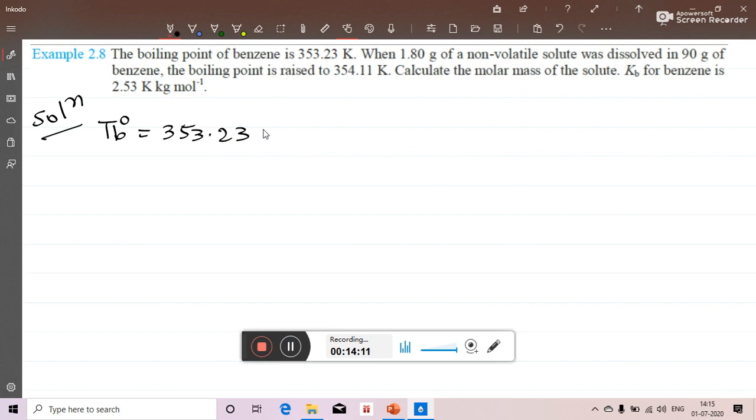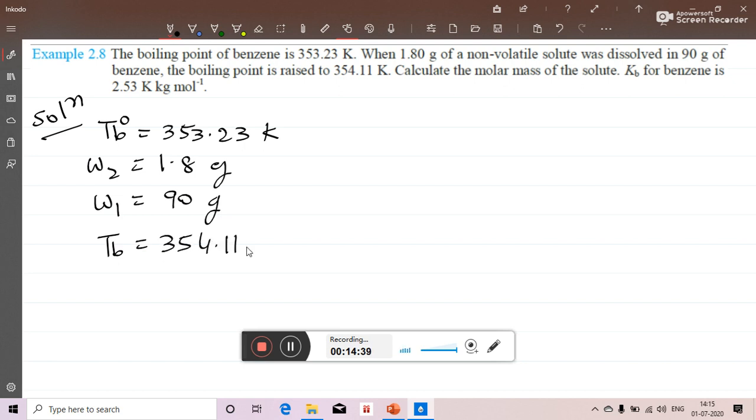When 1.80 gram of non-volatile solute was dissolved in 90 gram of benzene, so weight of solute W2 equal to 1.8 gram and weight of solvent W1 equal to 90 gram, then the boiling point is raised to 354.11. So that will become TB, equal to 354.11 Kelvin. Calculate the molar mass of solute. So we have to find out M2.